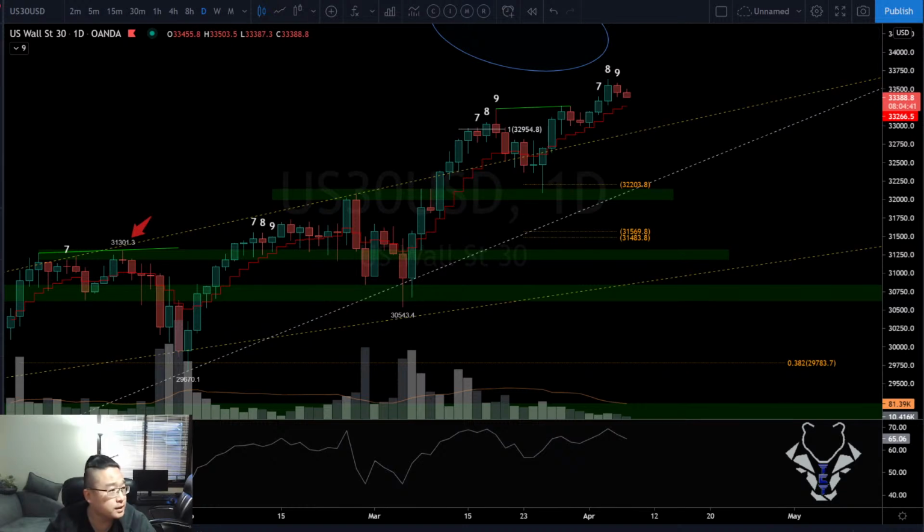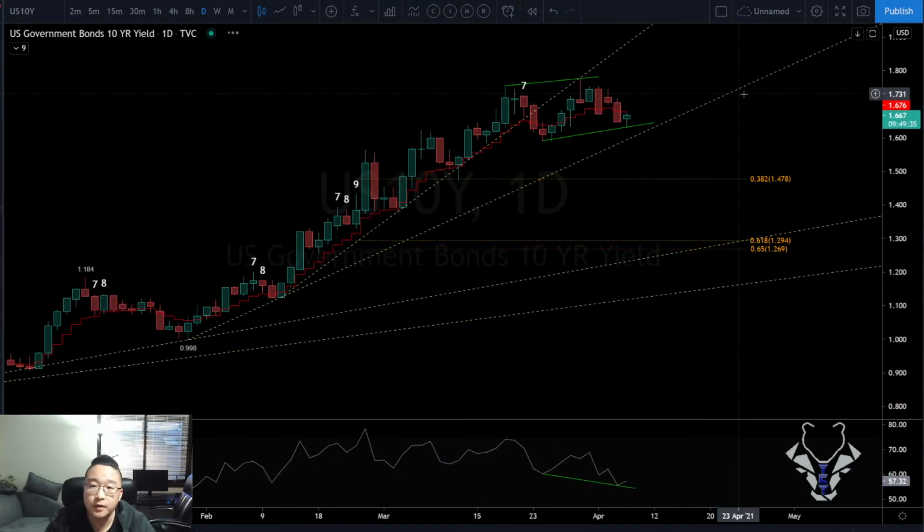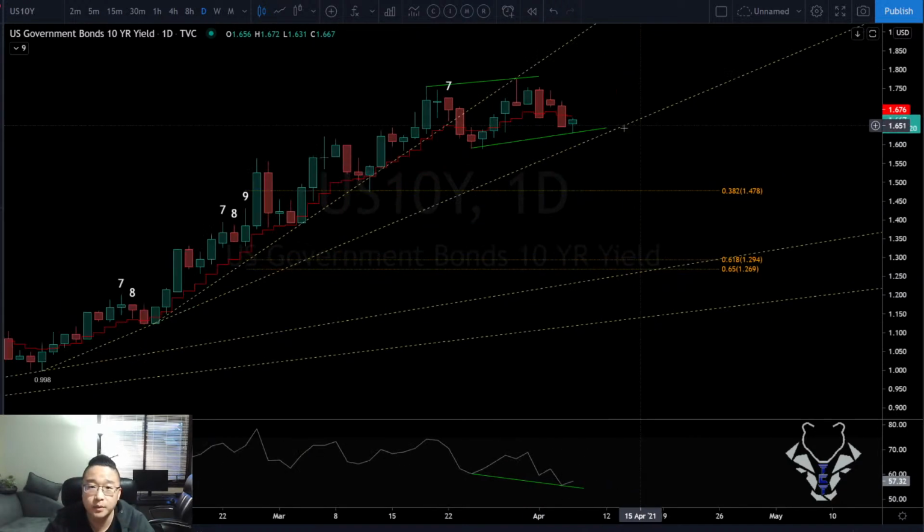Okay, so let's take a look at a few things I'm noticing that could be cause for concern for the bear thesis. First, US 10-year. We pulled back on this daily bear divergence, and the pullback was relatively weak. And now we have a daily bull divergence that has formed.